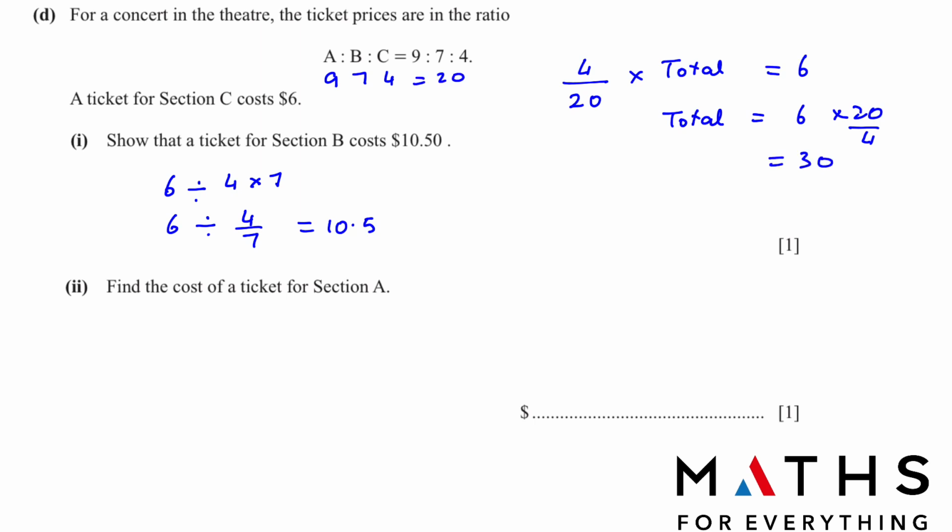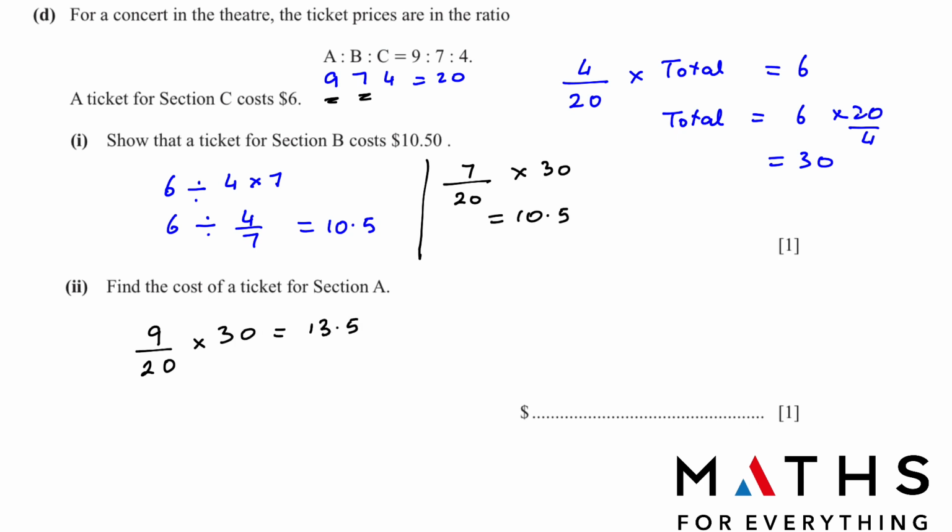Now to find B, how many parts does B have? 7 out of 20 parts. Multiply by 30, this will give you 10.5. To find the cost of a ticket for section A has parts 9. So 9 over 20 multiply by 30, you will get the answer 13.5.